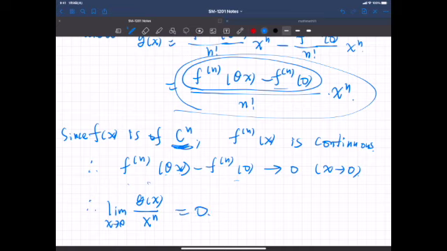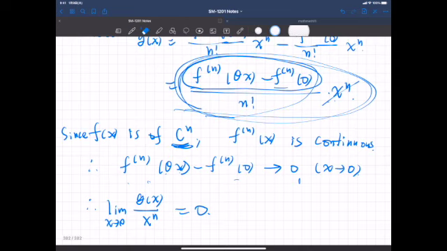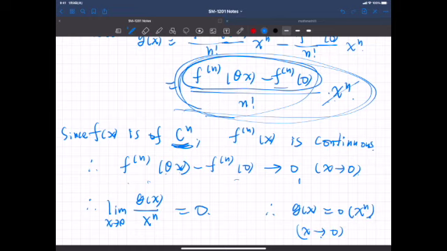If we divide this by x to the power of n, this will disappear, and the remaining part is this, which converges to 0. So that means g of x is little o of x to the power of n as x approaches 0. So that was to be proved, and we are done.